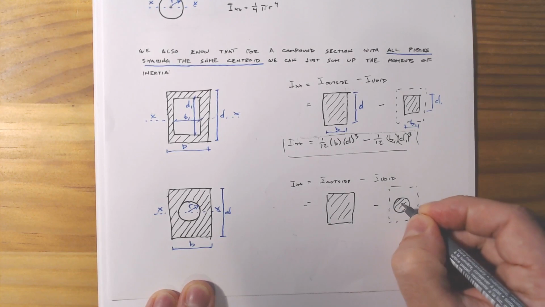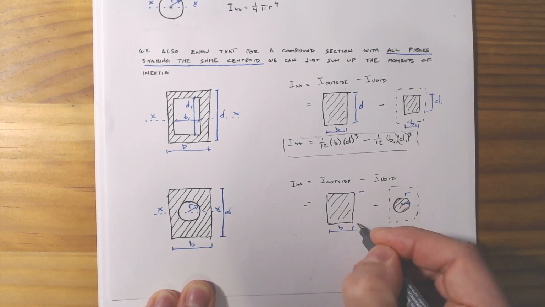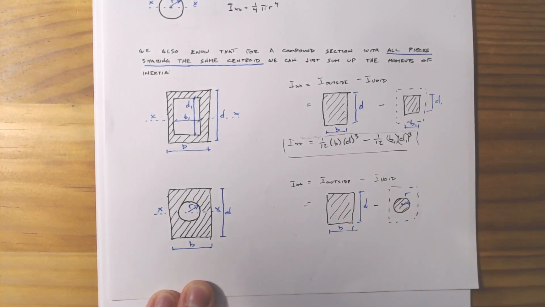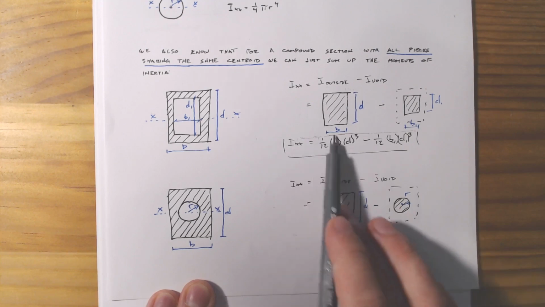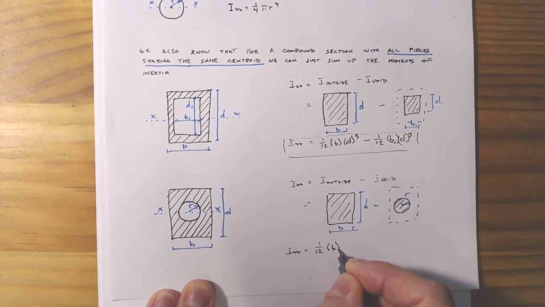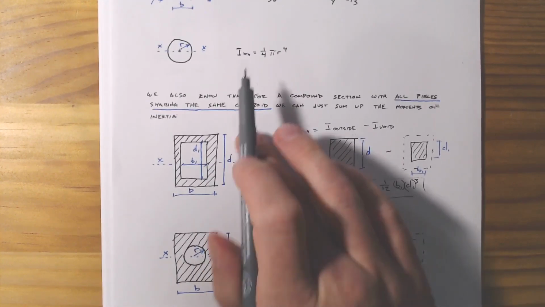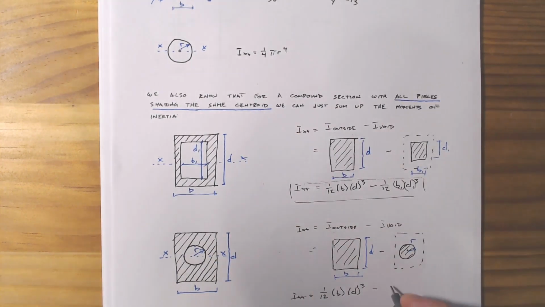The circle has radius r, and the rectangle has a width b and a depth d. Just like we did with the rectangular void, it's much the same. Because these two share the same centroid, we can simply subtract them out. Ix equals 1 over 12 times the base times the depth cubed minus 1 over 4 times pi r to the fourth. Sorry, pi r to the fourth, not pi r cubed.